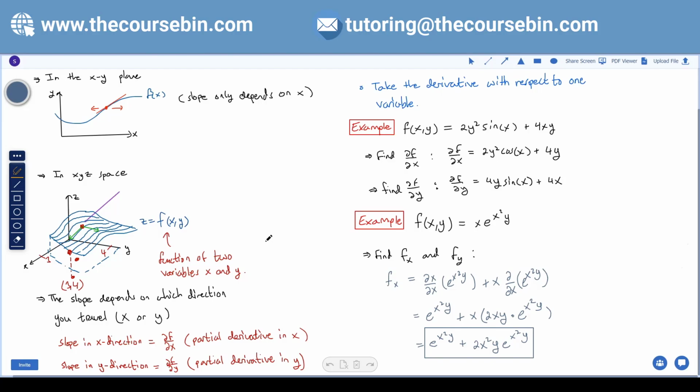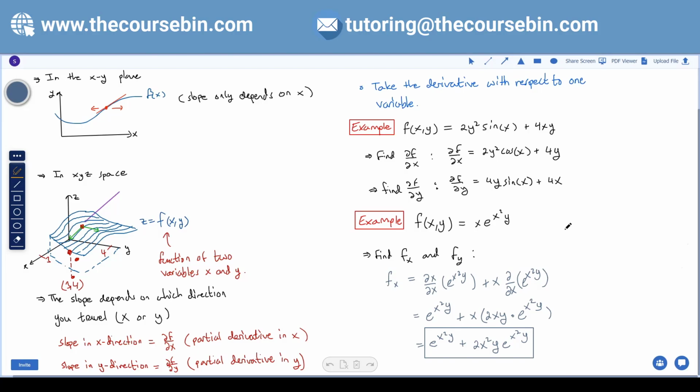I'm confused on that second part, the x partial over x. This one? Yeah, because what does the product rule say?